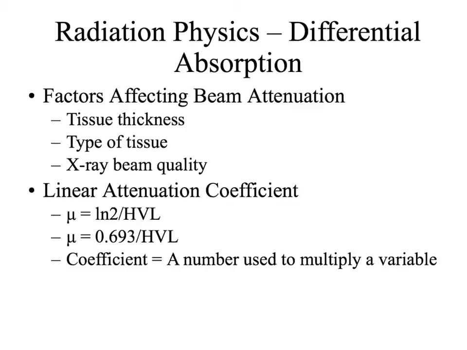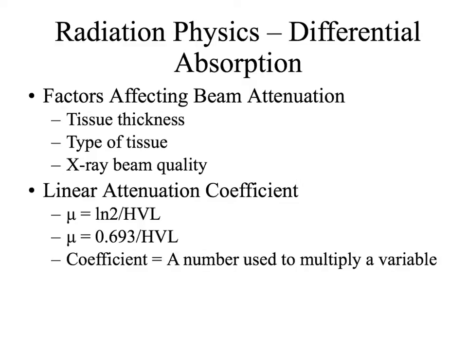In our book, I think it's on page 6. If we open up our book to page 6, table 1.1 gives us the linear attenuation coefficients of different kinds of tissue, right?